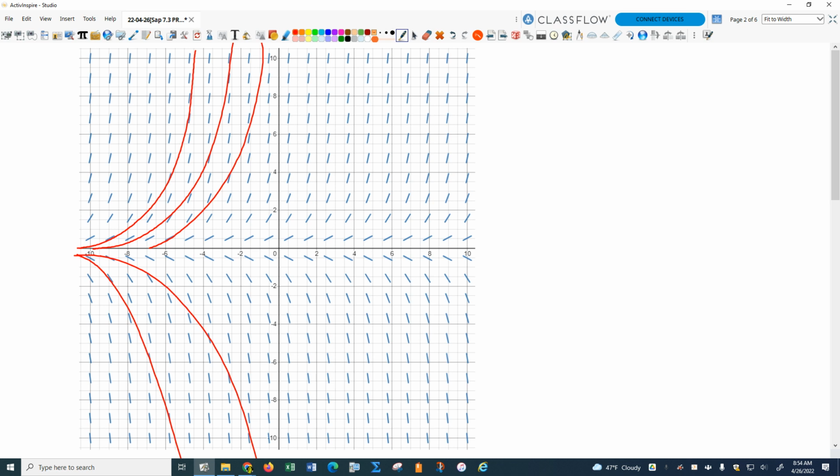Everybody get that? I didn't do that very well, but you get the idea that you're just following the little tangent lines, and it's like a road map telling you what the slope of the curve is going to be in this region. And because these are all aligned horizontally, we know that when we pass through a certain x value, it's got a certain slope here, right?